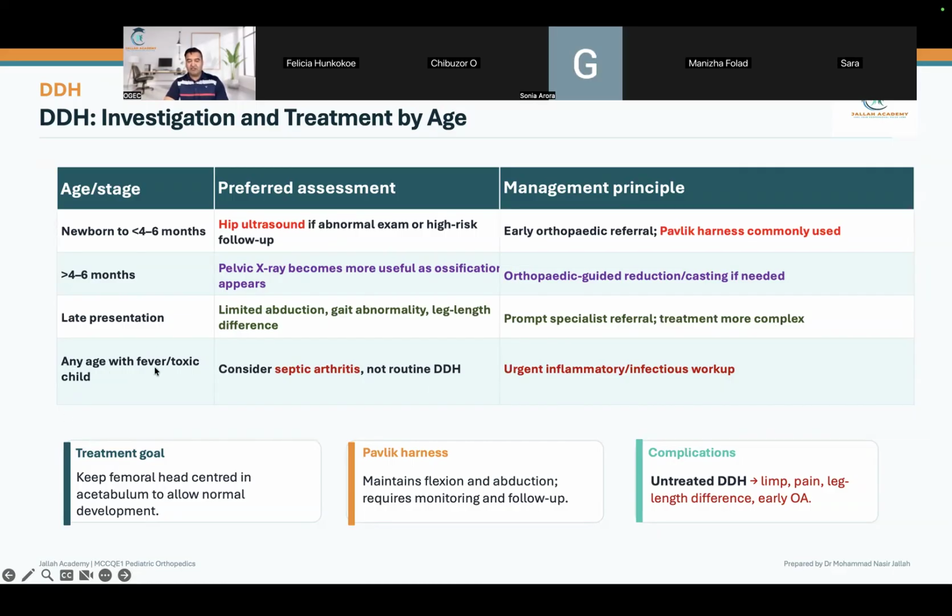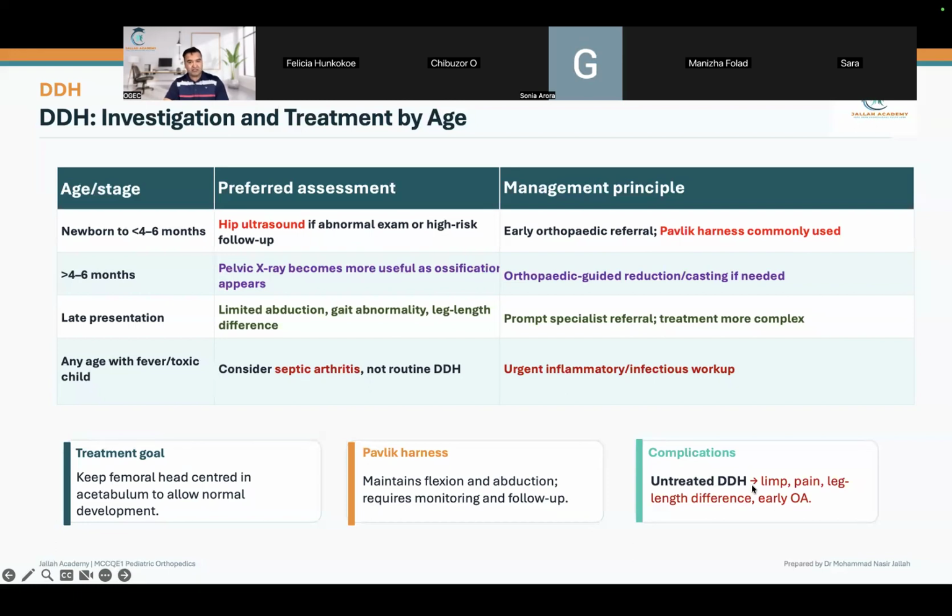Any age with a fever, toxic child, consider septic arthritis until proven otherwise. So urgent inflammatory and infectious workup. Treatment goal, keep femoral head centered in the acetabulum to allow normal development. Pavlik harness maintains flexion and abduction, requires monitoring and follow-up.